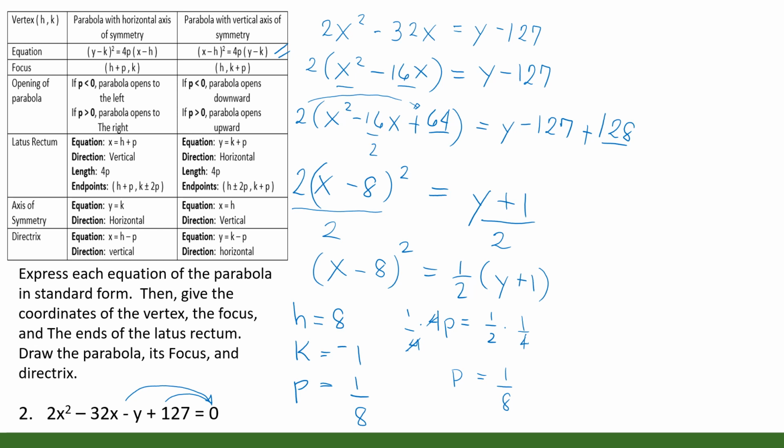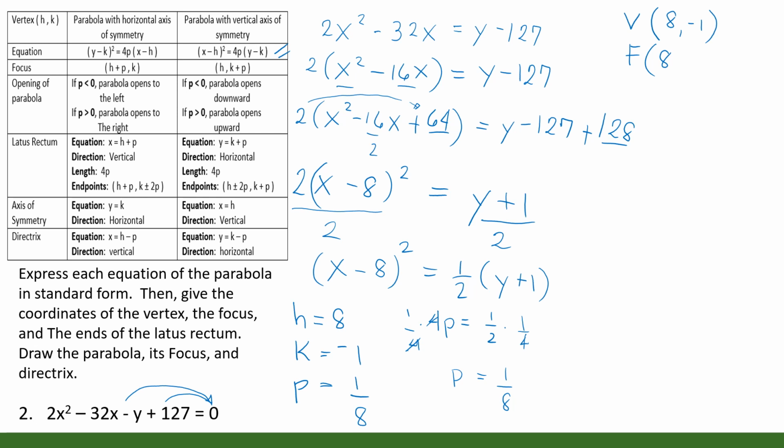So now we have h, k, and p. Okay, let's go through them one by one again. Our vertex, what is our vertex? It is h, k, so 8, negative 1. Then our focus, what's the focus? The focus is h, 8, and then k plus p.